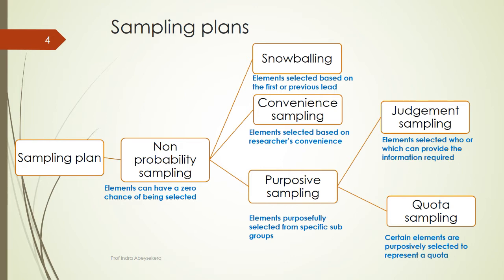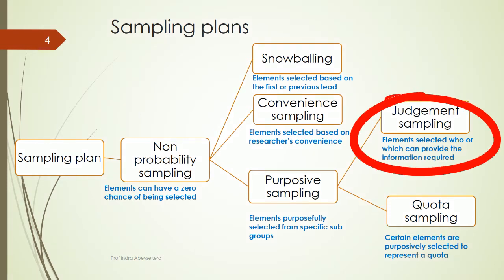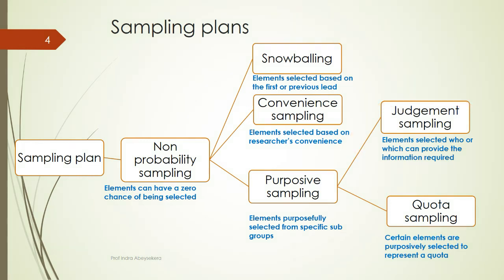In the judgment sampling, elements are selected who have the requisite knowledge for the research problem to provide data for the research problem. It could be that the research problem requires getting data from experts, so then the purposive sampling plan will identify experts as the elements.